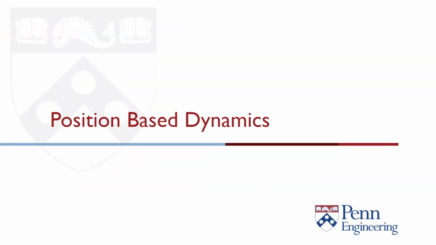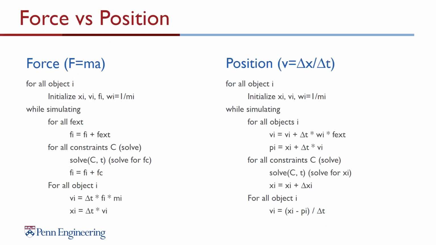So yeah, that's why we're getting to position-based dynamics. These are the equations or the pseudo-algorithm for force-based physics simulation and position-based simulation. Force-based physics simulation is basically based on F equals ma, which you guys already know.